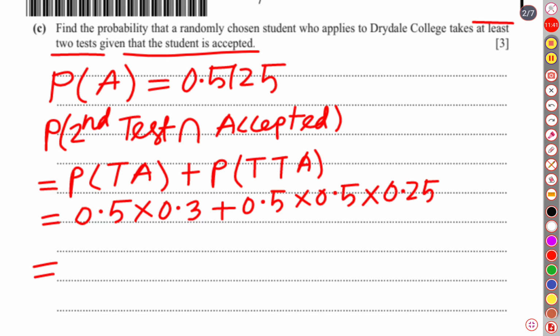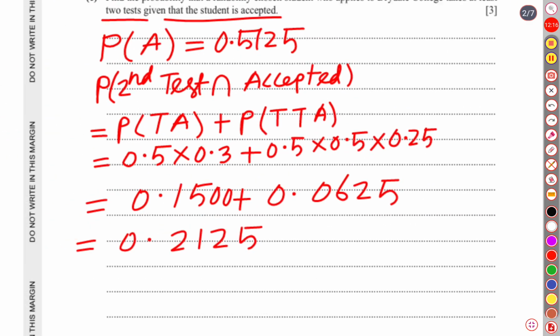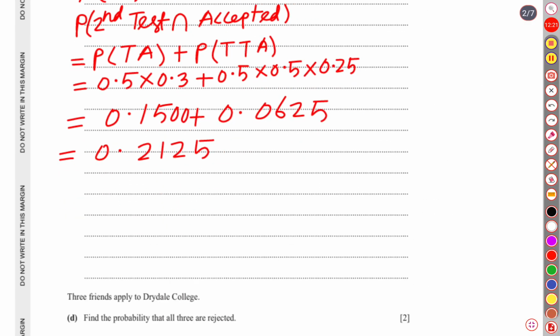So it is going to be 0.15 plus 0.0625. If we add up, it is going to be 0.2125.